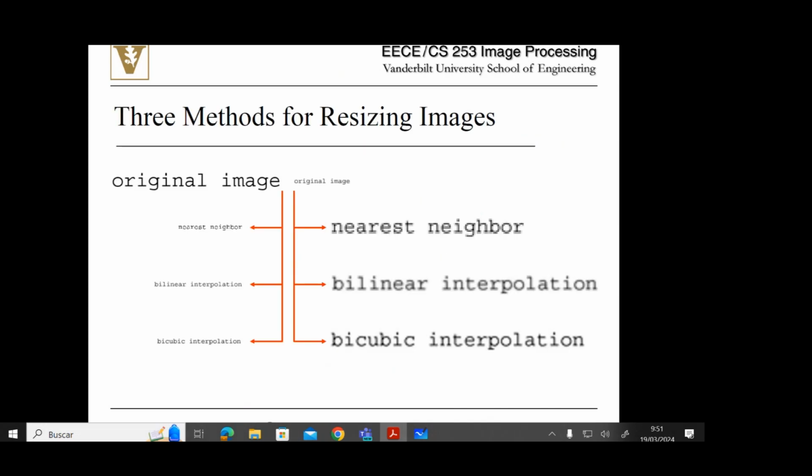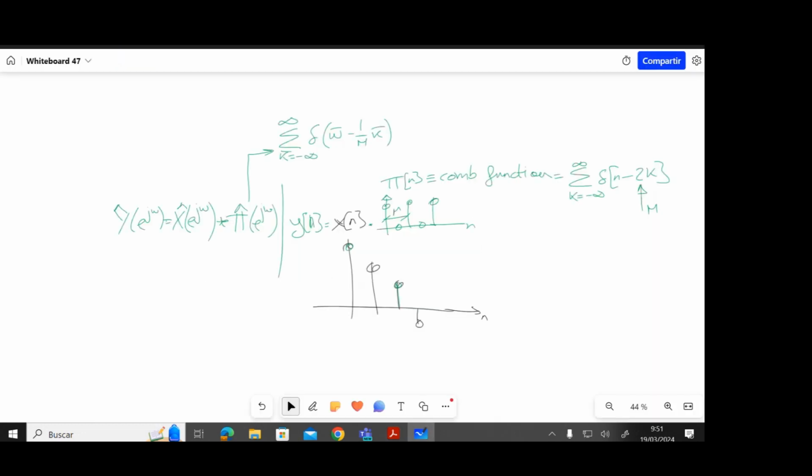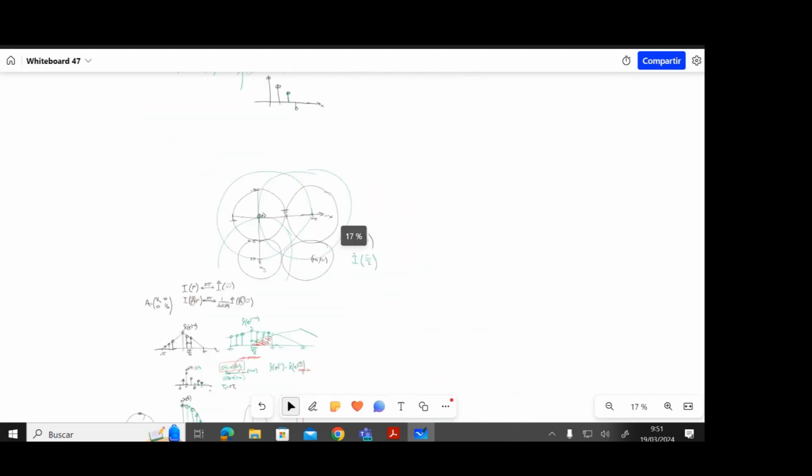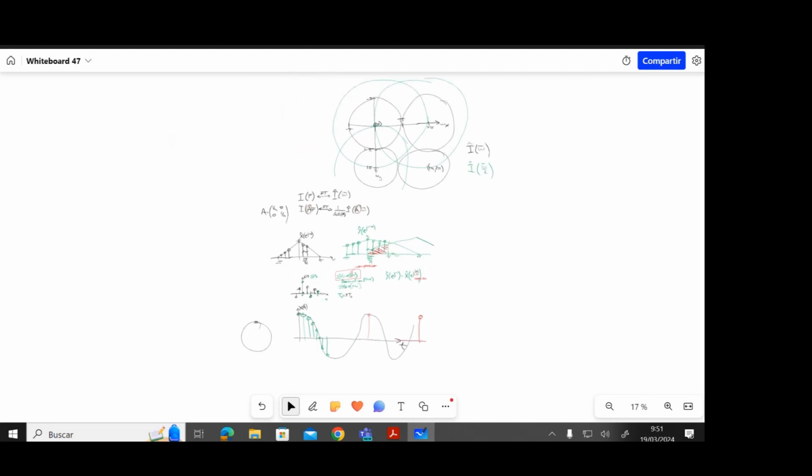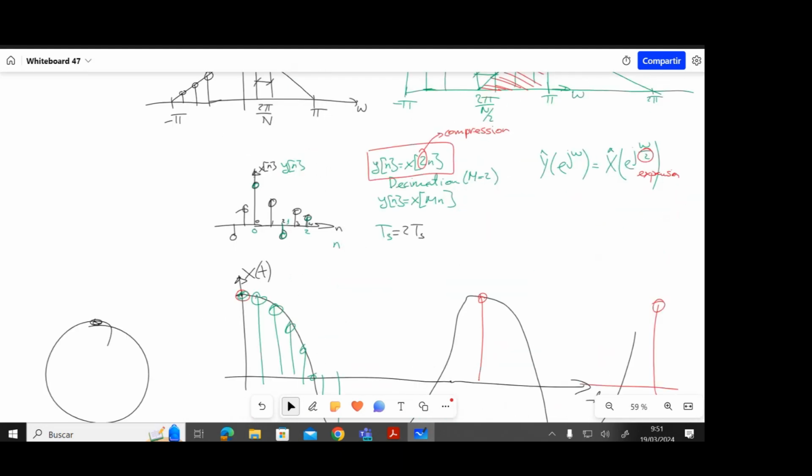Okay, so how do you make the numbers in your final image if you change the pixel size by an arbitrary factor. So here we were changing the pixel sizes by an integer factor. So now let's not make it integer. So now there will be an arbitrary relationship between the pixel sizes.